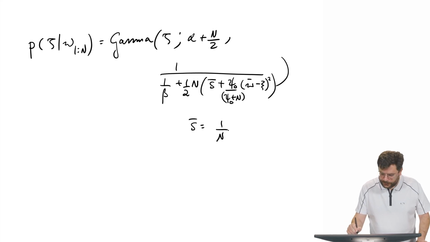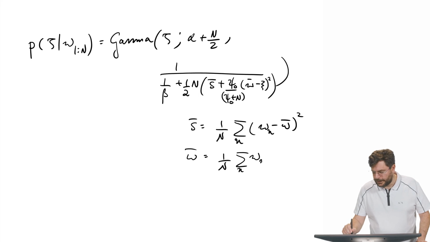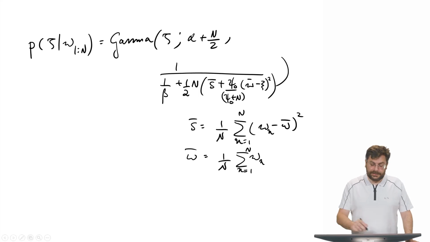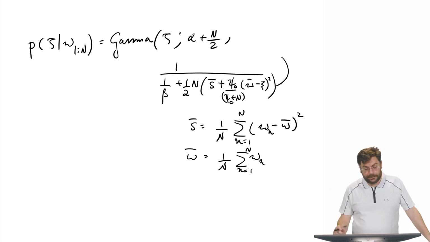And s bar here is 1 over n, sum over n of wn minus w bar, wn minus w bar, and w bar is 1 over n, sum over n of wn. Again, when I don't make very explicit the limits, it's because I'm integrating over everything. So there we go. I mean, it's complicated looking, but in the end, this result came from the product of two Gaussians.